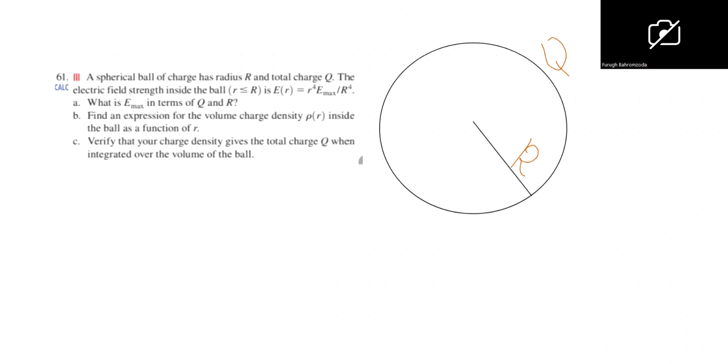We will start by drawing a spherical Gaussian surface. Okay, now let's draw it a little bit bigger. Now this is enough.